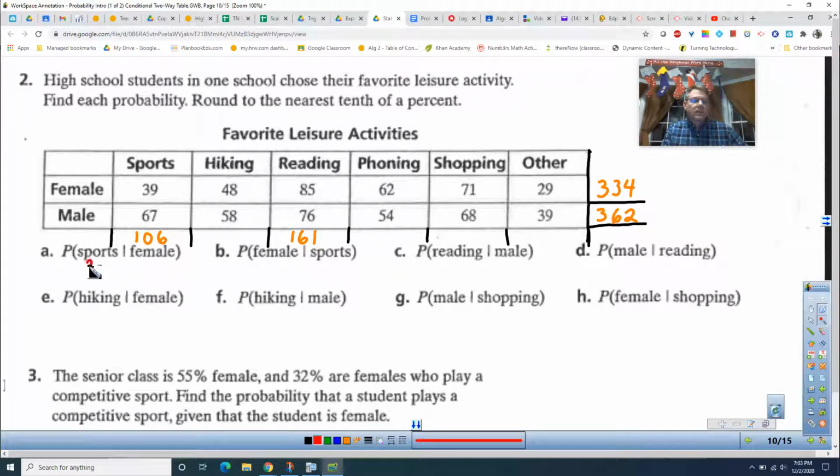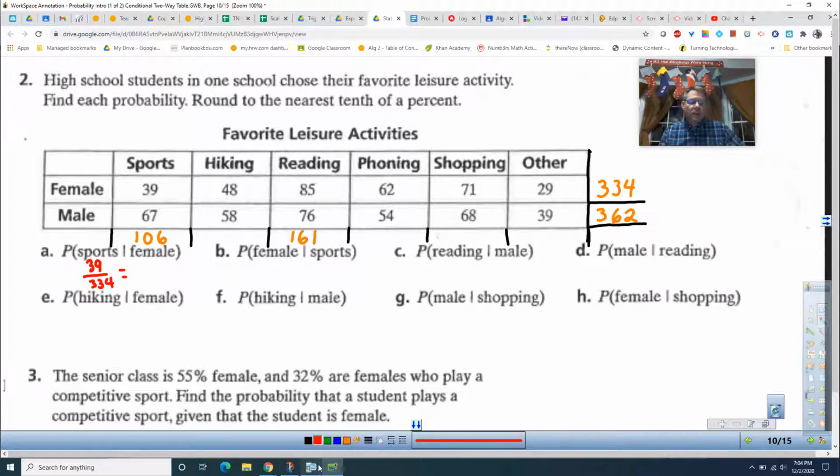So we said it was 39 out of 334. Okay. And of course, you would always reduce that fraction if you can. All right. And since it said round to the nearest tenth of a percent, we're going to have to change that into a decimal.